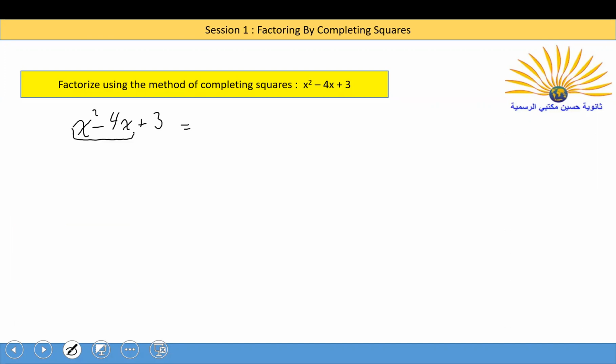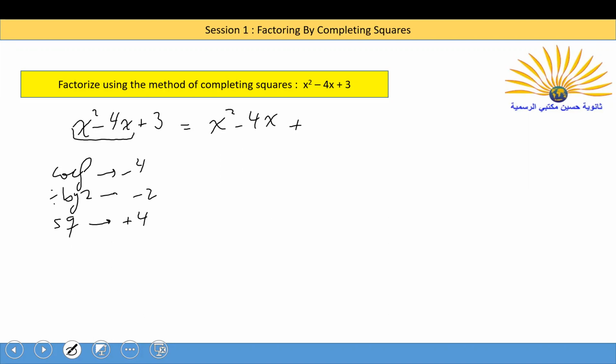The coefficient of x is minus 4, divide it by 2, I'll get minus 2, square the result, I'll get minus 2 squared, which is plus 4.